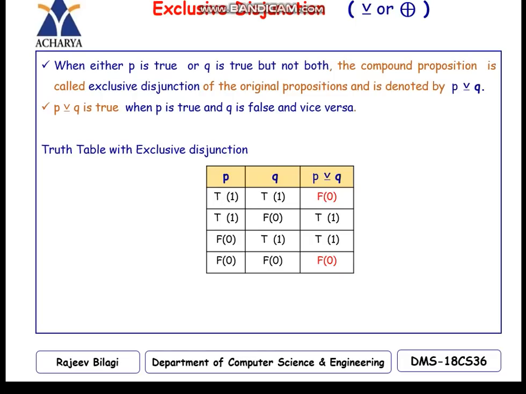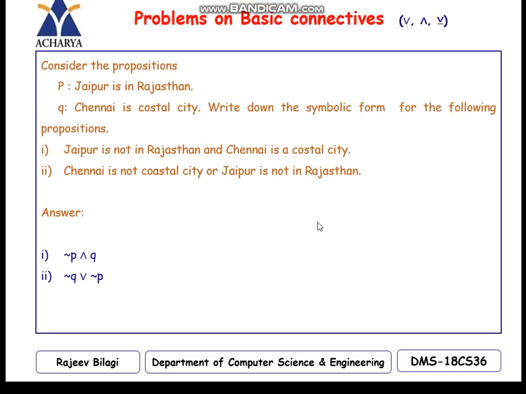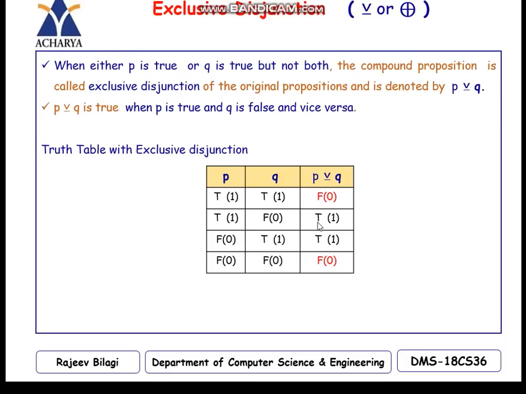That is why this truth table contains F for the first and last rows. The rest will be true. So we have seen the first three different basic connectives.